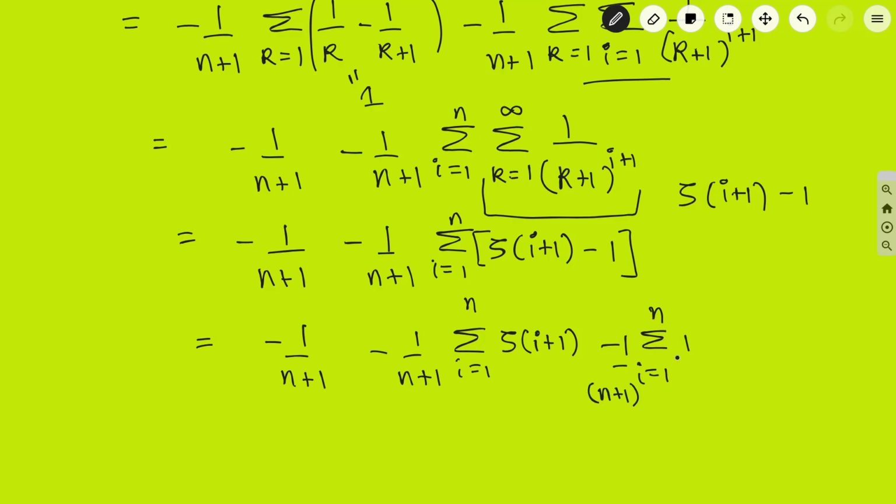Well, this summation is nothing but n, so you can replace this by n. This is minus n, and so you combine the first and the third term. What you're left with is minus 1 and minus 1 by n plus 1 summation i from 1 to n of the Riemann zeta function of i plus 1.